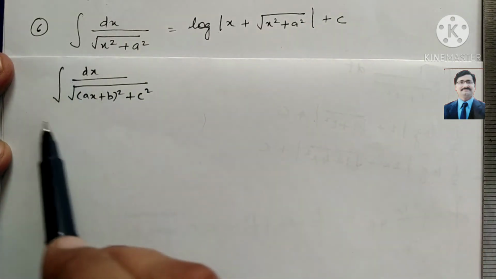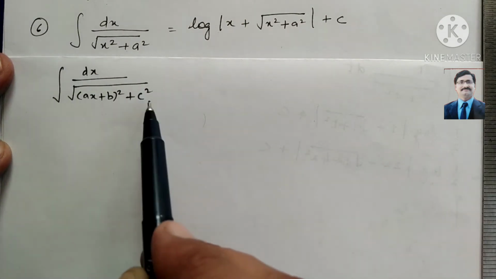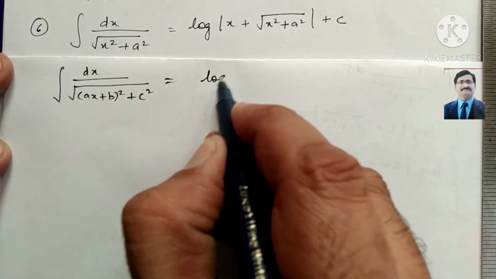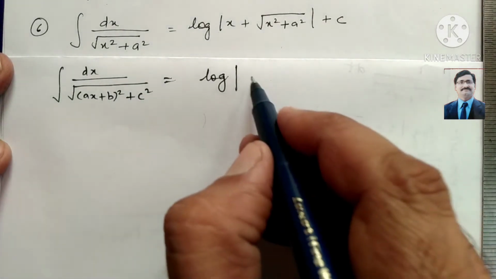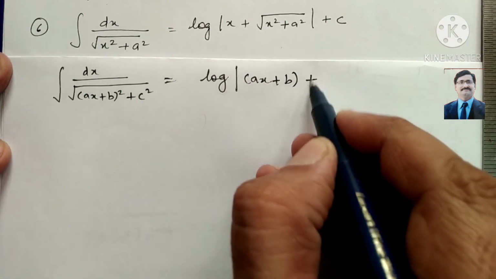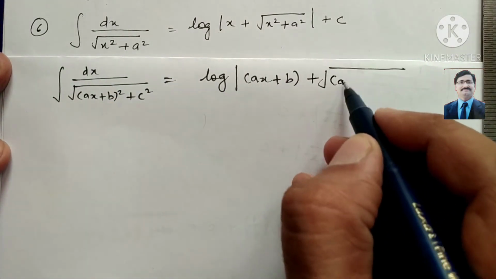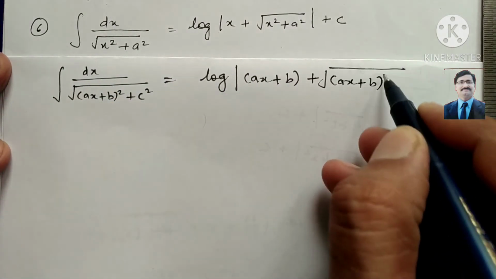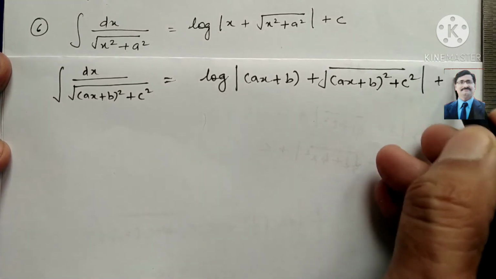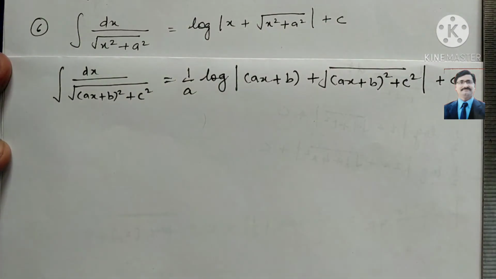So the integral of dx upon root of (ax plus b) whole square plus c square, we can write with the same formula: log of (ax plus b) plus root of (ax plus b) power 2 plus c power 2, plus c. The coefficient of x is a, so we have to divide by a. All of you understand this?